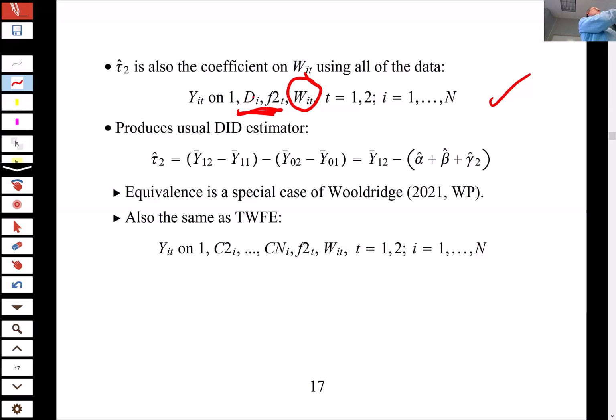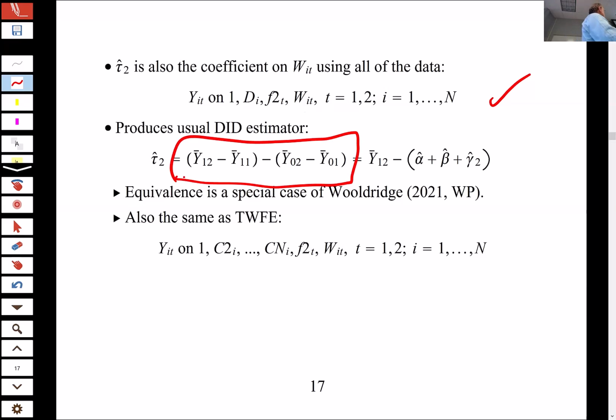The first allows for systematic differences in the treated and the control before the treatment occurs. F2 allows for secular changes over time that affect all units the same way. And then WIT is the actual treatment variable. Simple algebra shows you that this, in fact, is the usual difference in differences estimator.